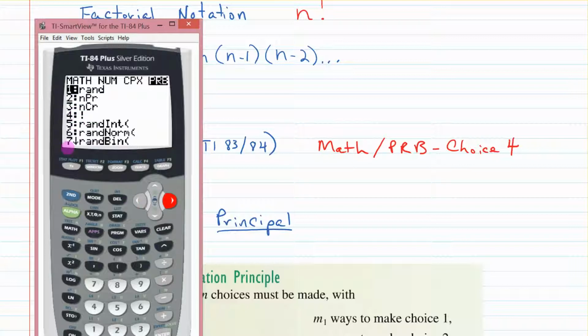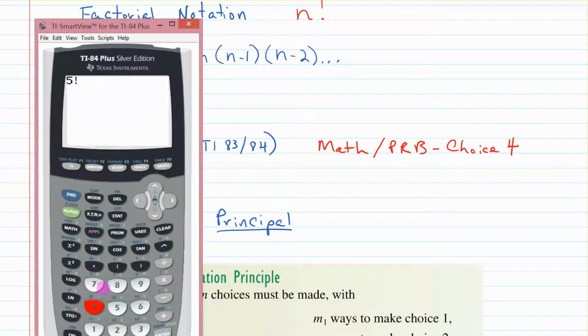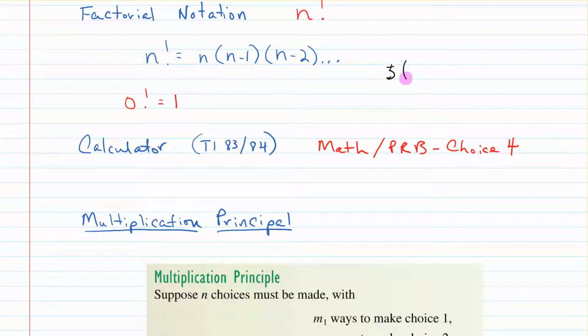You would want to have a number in there first, so let's say 5, and then go to math and over to probability and choose number 4. So now we have 5 factorial, which is 120. And if we think about it, that's 5 times 4 times 3 times 2 times 1. So 20 times 3 is 60, times 2 is 120. So it's a real quick way to do it.